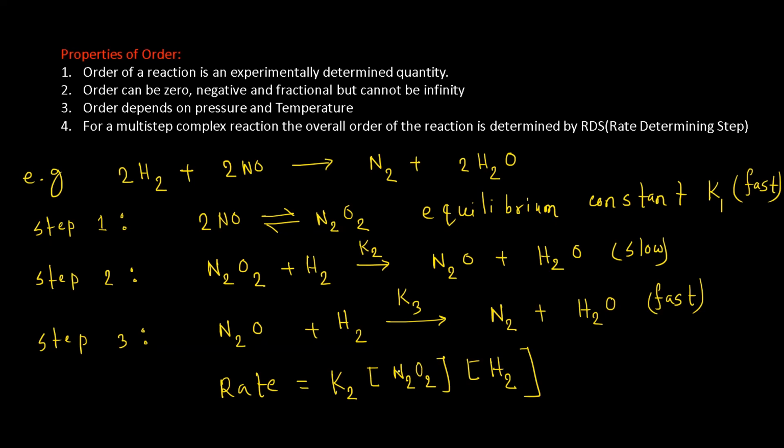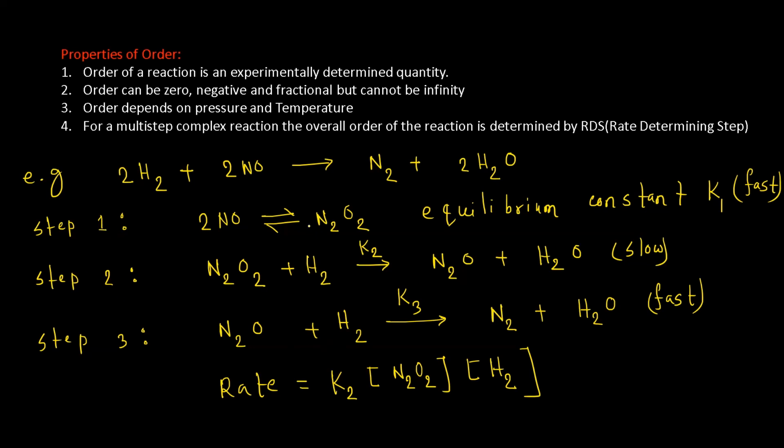Now, this N2O2 is not in our overall reaction. This is an intermediate. So we have to eliminate this intermediate from our rate expression.